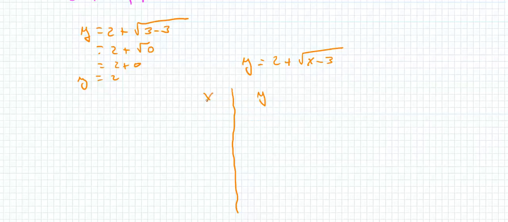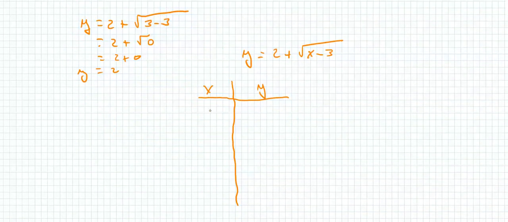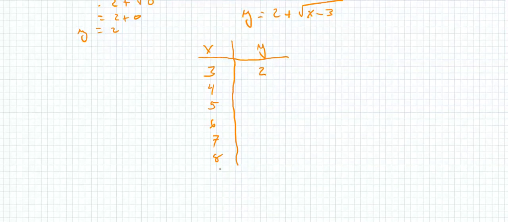So x, y is 3, 2. We're going to use numbers bigger than 3. Smaller than 3 gives us a negative number. So I'm going to put in 4, 5, 6, 7, 8, 9, 10, 11, and 12.